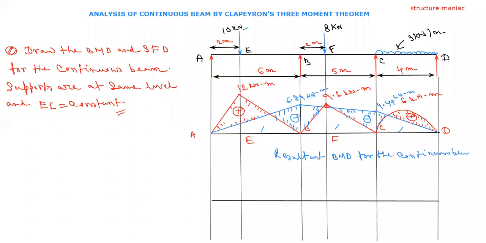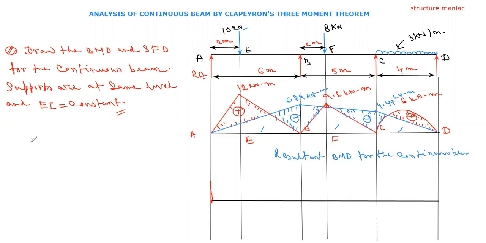So tell me, at point A, what will be the value of shear force? The value of shear force will be RA, and RA is acting upward, so we'll have upward RA.